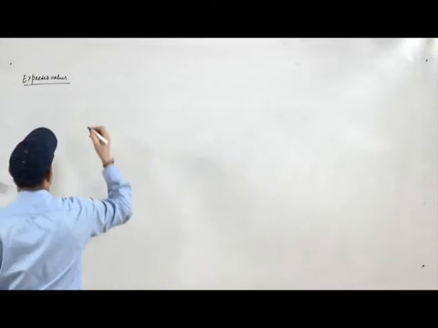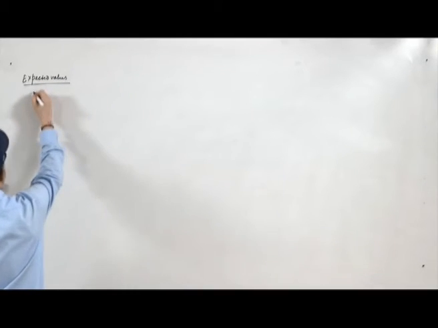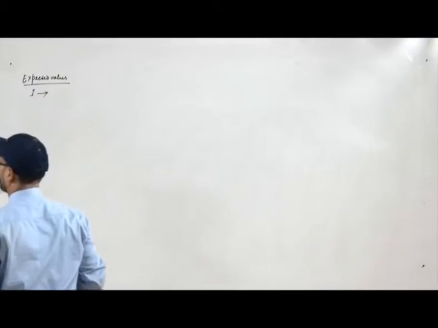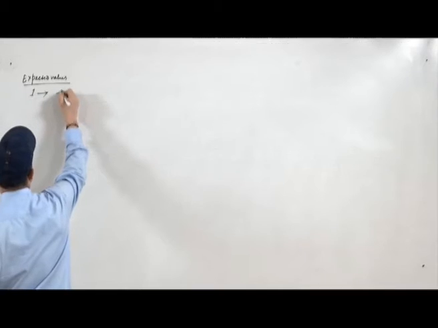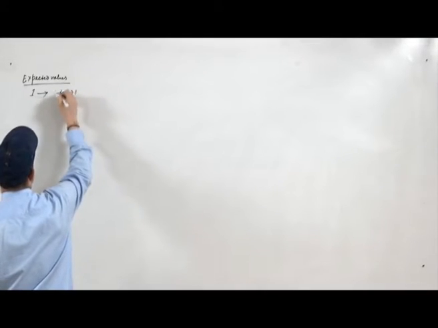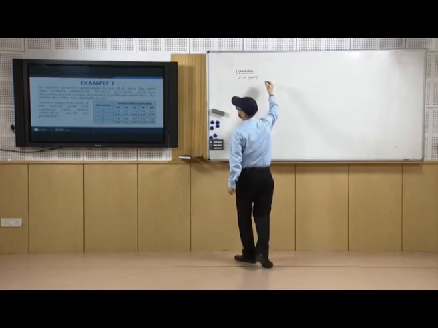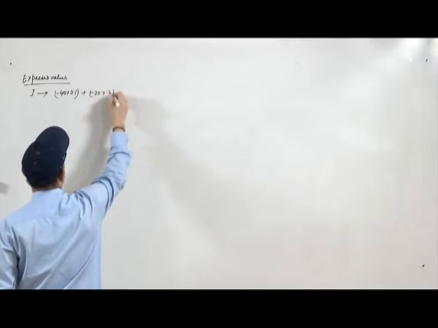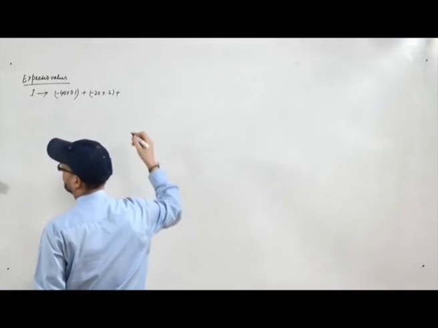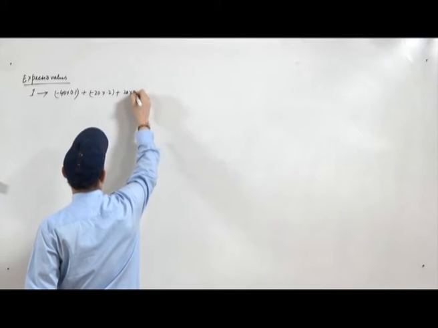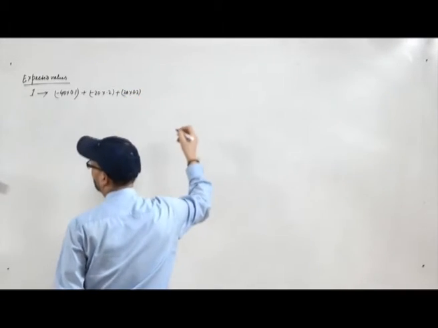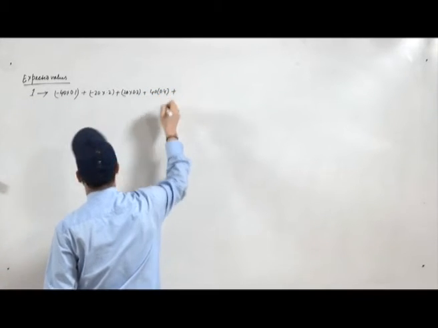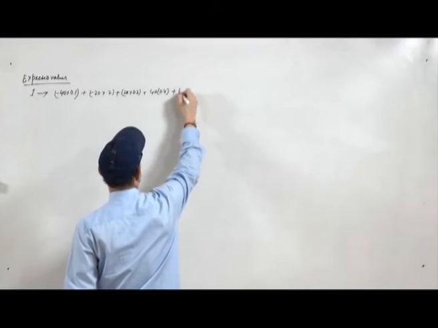So, for alternative 1, it will be minus 40 times 0.1 plus minus 20 times 0.2 plus 20 times 0.2 plus 40 times 0.4 plus 60 times 0.1.